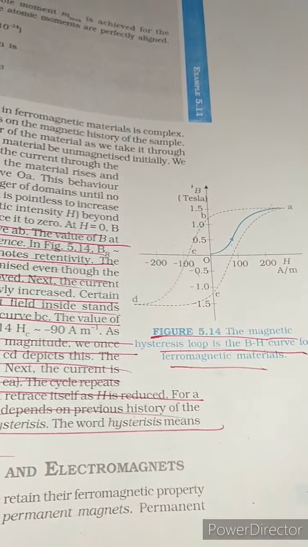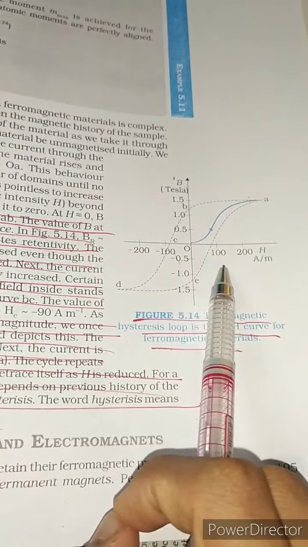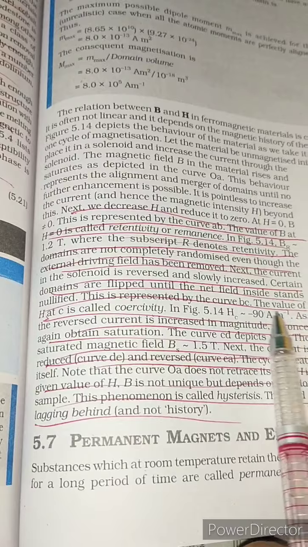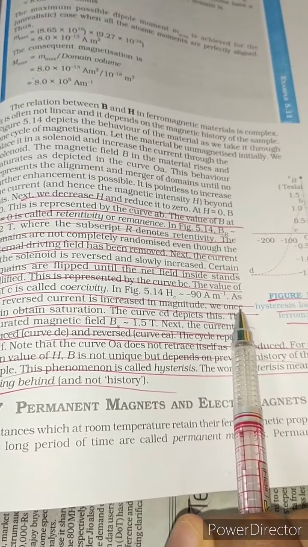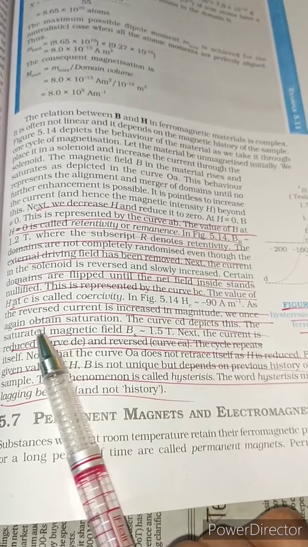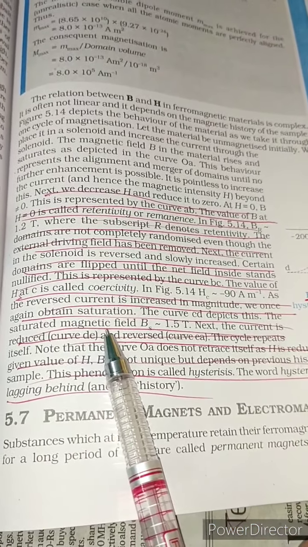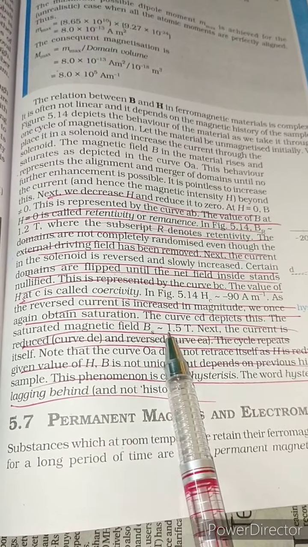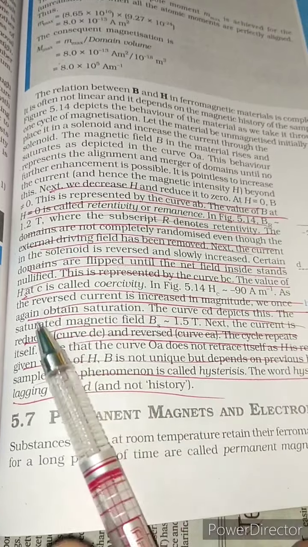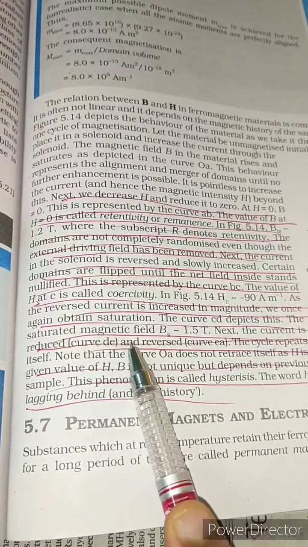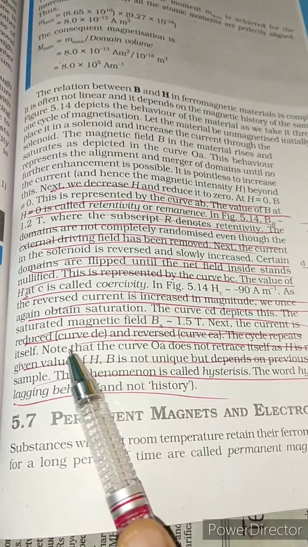As the reverse current is increased in magnitude, once again we obtain saturation, the curve CD depicts this, and the saturated magnetic field Bs is almost 1.5 Tesla. Next, the current is reduced to curve D and reversed to curve C, and the cycle repeats itself.